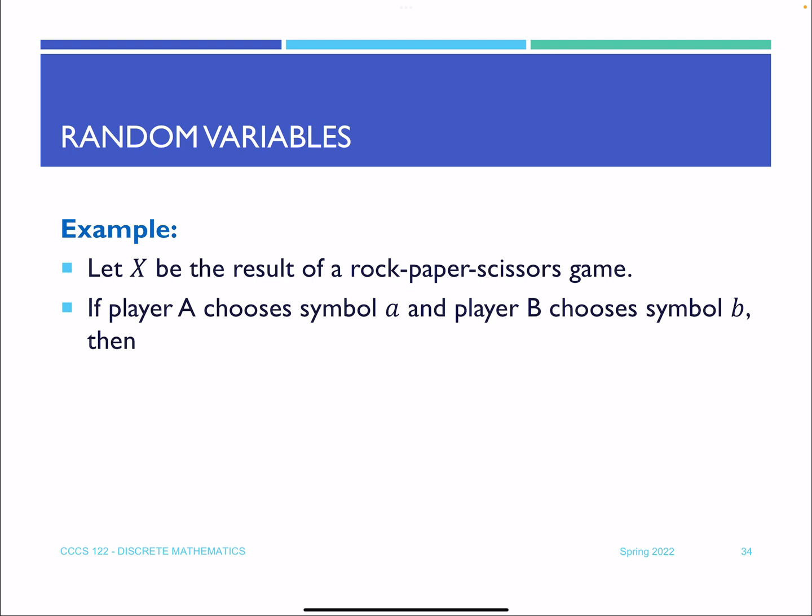So it's a game played by 2 players. Player A chooses one of those 3 symbols: rock, paper, or scissors, call that symbol A, and the other player B chooses his own symbol. Let's call that B. Also taken from these 3 options: rock, paper, scissors.